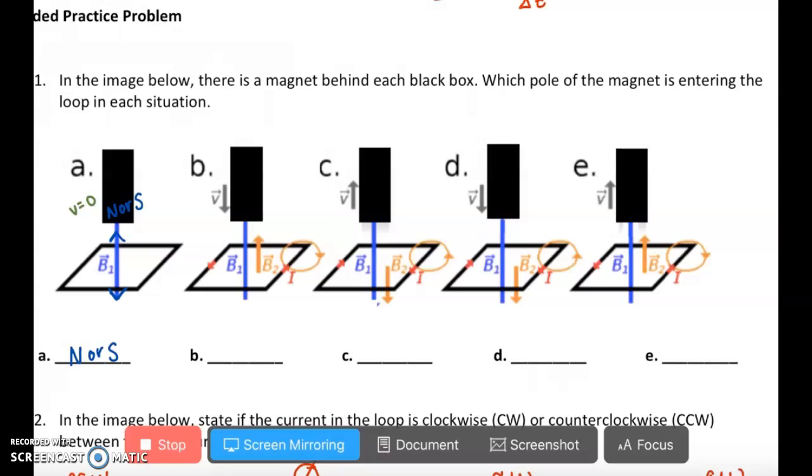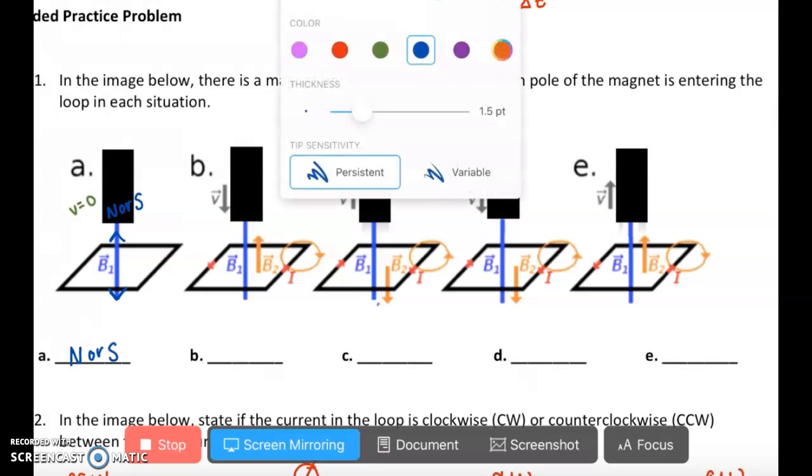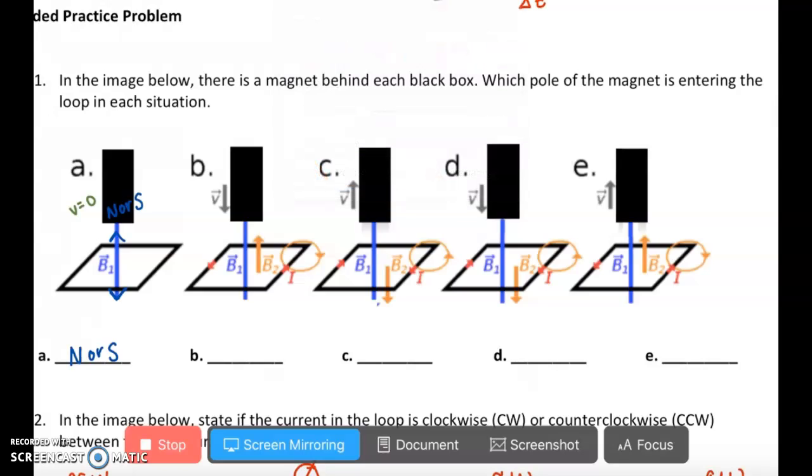A weird one. Okay. Let's take a look at part B because that's a little more interesting. So I, the loop, I have induced a current going around me.